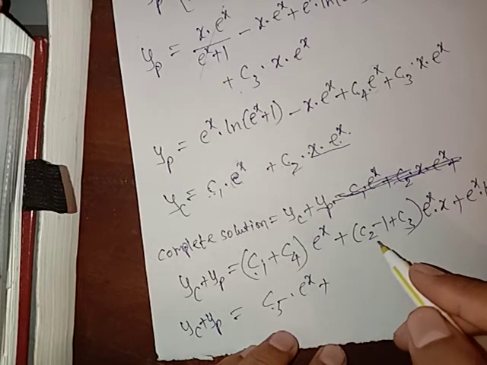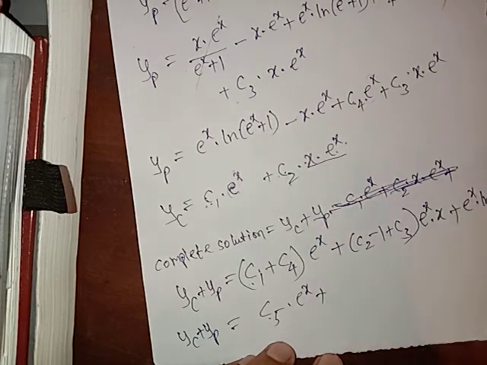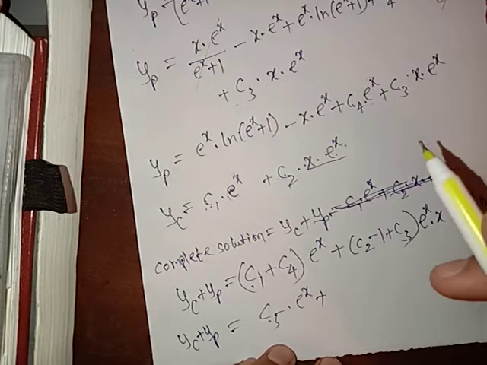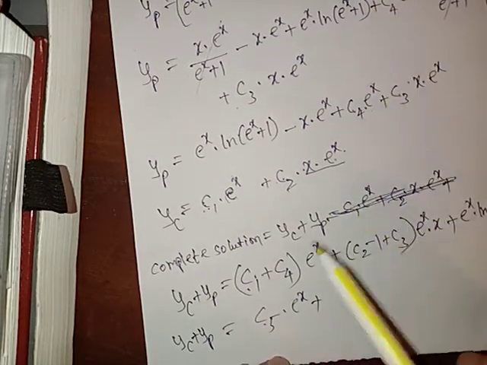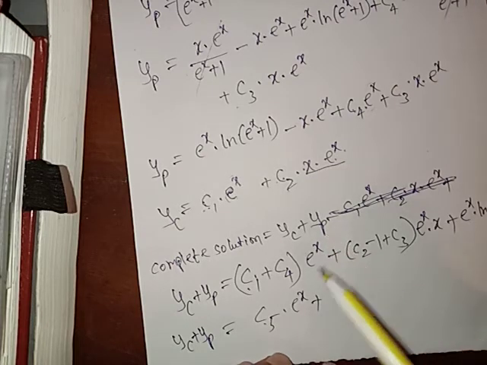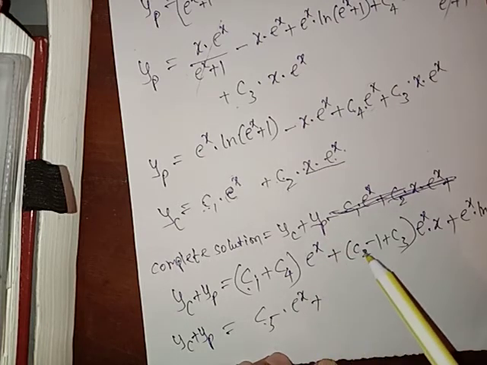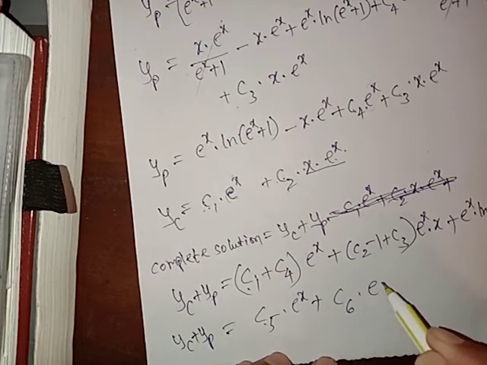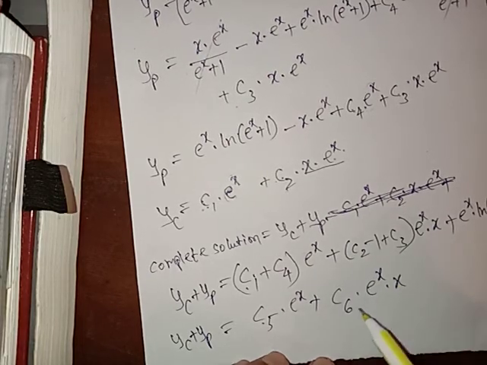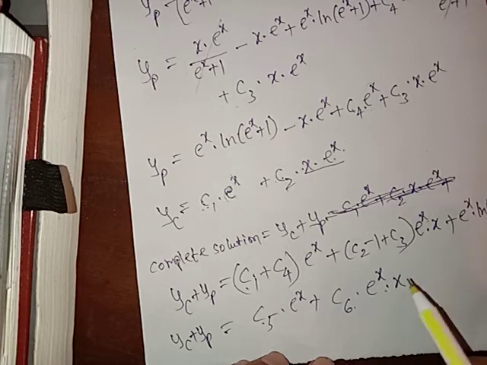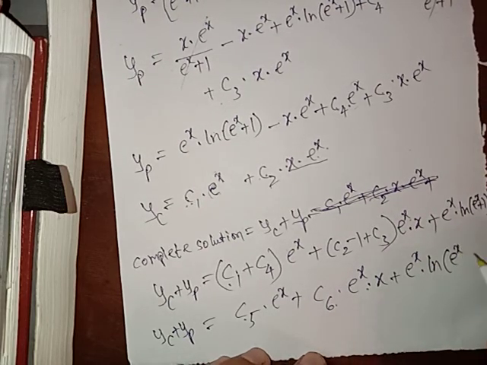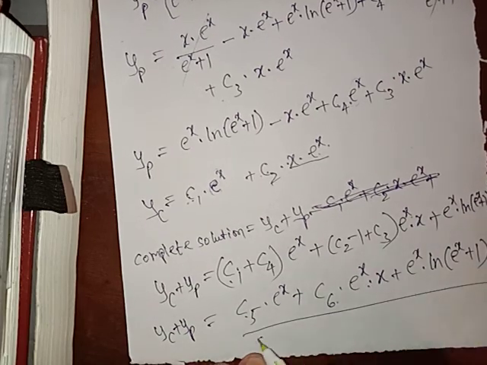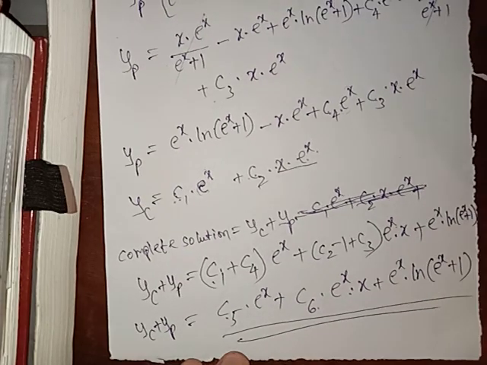This is also we can take as a constant value, it is c6 into x into exponential of x, plus exponential of x into ln(exponential of x plus 1). This is the required complete solution for the given differential equation.